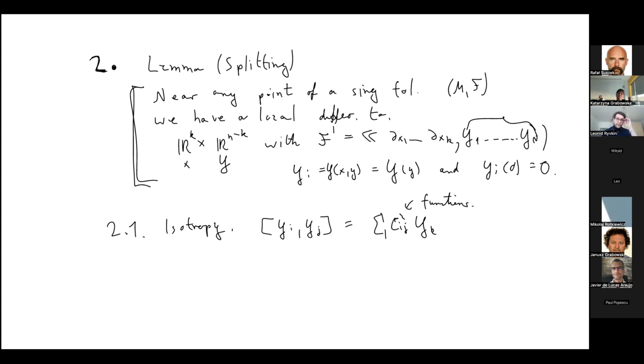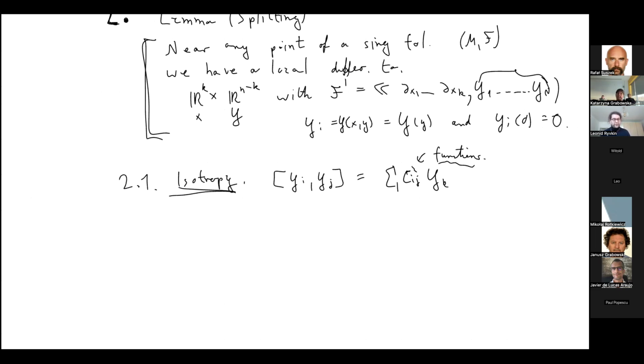And the idea of the isotropy Lie algebra of a singular foliation is to extract some functions from those coefficients, which already look like the structure coefficients of a Lie algebra. Formally, we are going to work a little bit differently. I'll write down the definition, which is directly visible to be intrinsic.